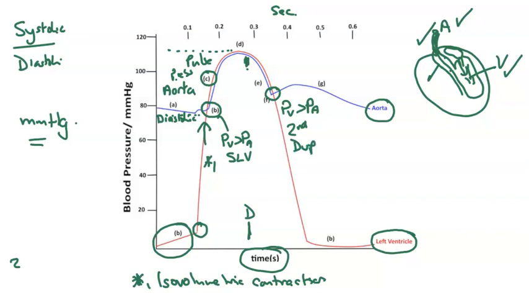Now the important thing in terms of structure is that we have the closure of the semilunar valves. And so the blood pulses out into the aorta, reaching its peak here, which we can measure with our blood pressure meters. And the ventricular pressure then falls as the ventricle is now into diastolic phase, the diastole.